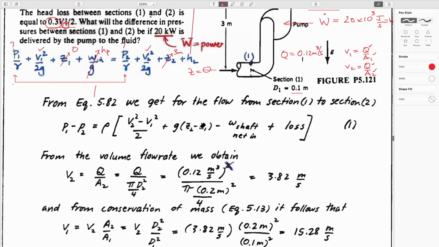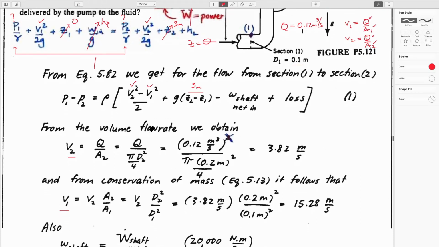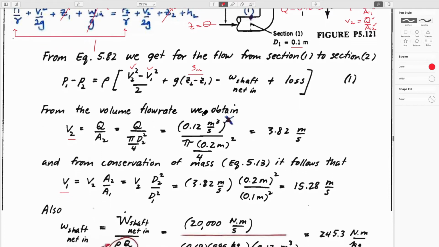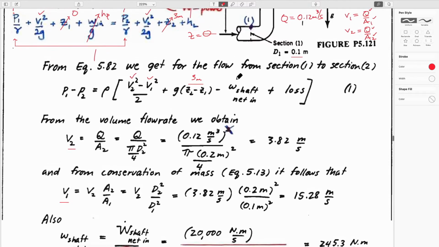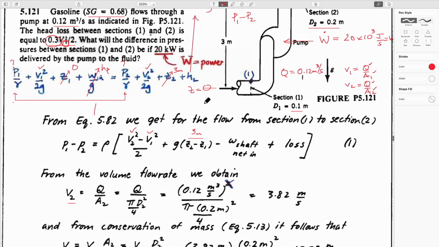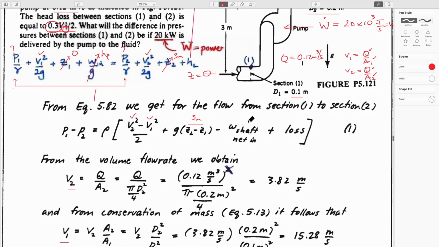And you figure out what you know. We know this is 3 meters. We know g. We know the losses, etc. We know the velocities because we know the volumetric flow rates divided by the areas. So we have each of the velocities, and we know the energy going into the system. This term here would be HP.